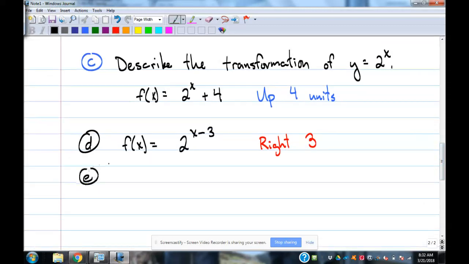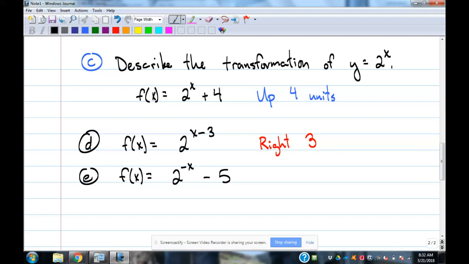One more of those. Let's do a tough one. 2 to the negative x, and then a minus 5 on the outside. 2 to the negative x minus 5. I agree with the down 5. Mike said down 5.